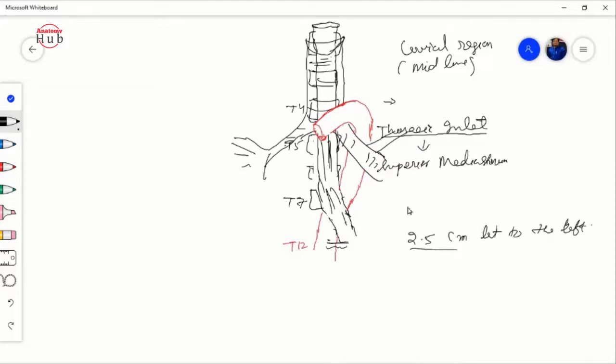Means you can say the width of a thumb from your sternum. This is how you can identify the esophagus position near the diaphragm. Clear?